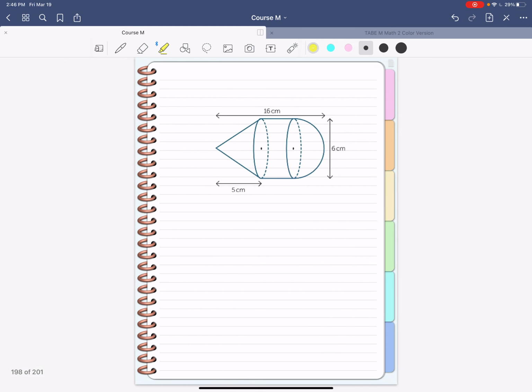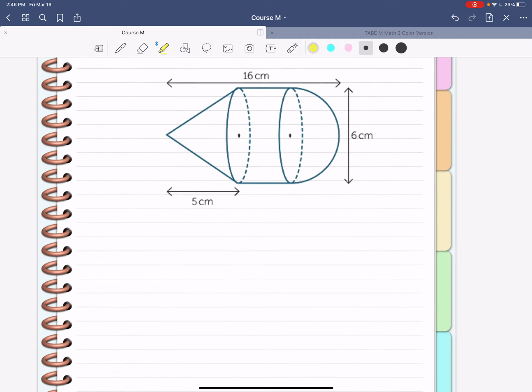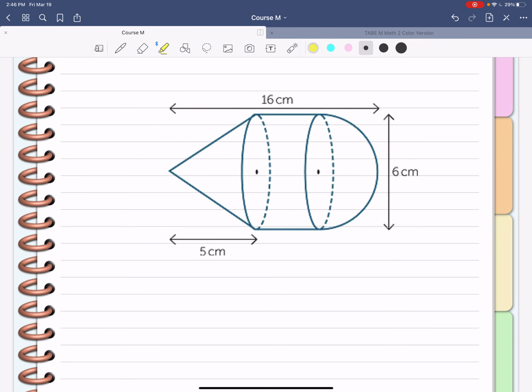Okay, one more. And this fellow looks scary as all get out, but we can handle this. We can do it. Here I have a cone. But you got to realize, no, never mind that.